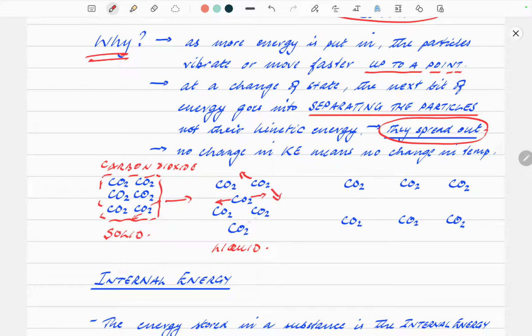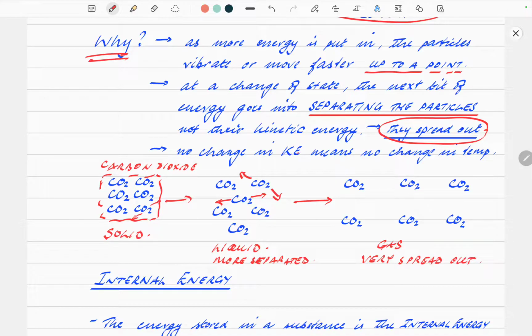But they are more separated, okay? And then finally, as a gas, they are completely independent and very spread out, okay?